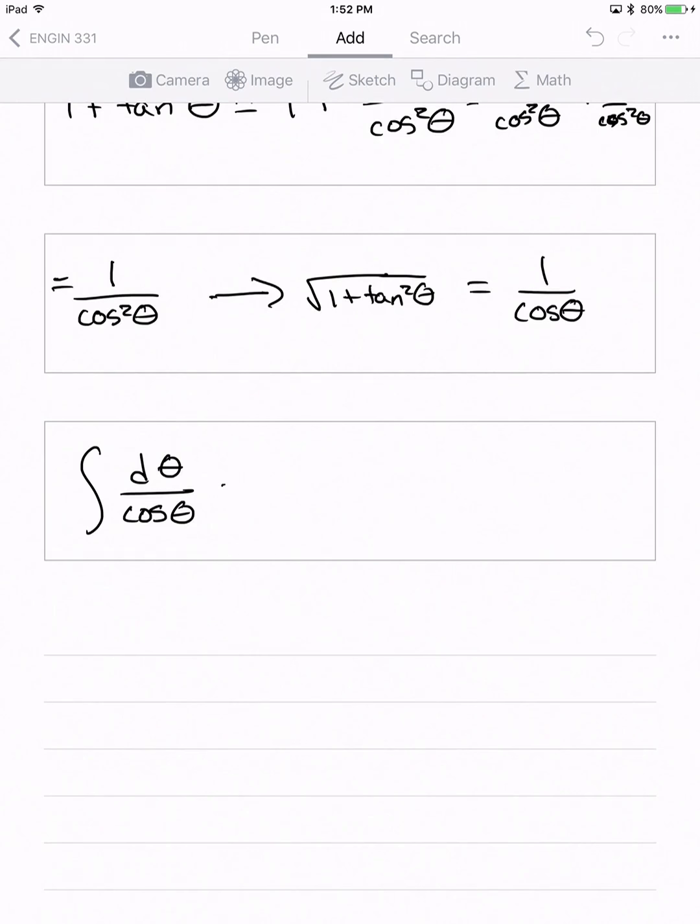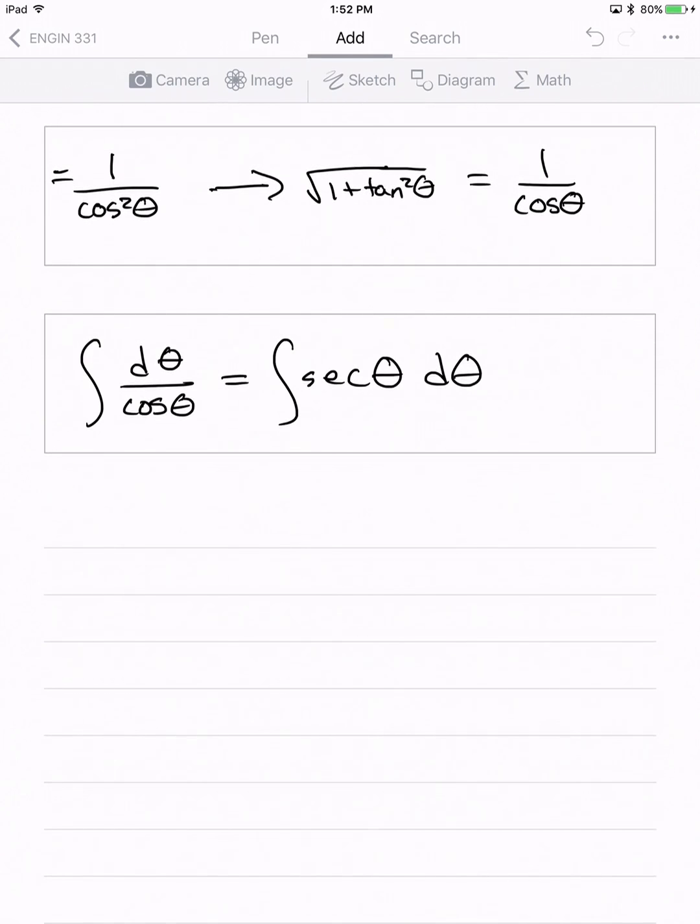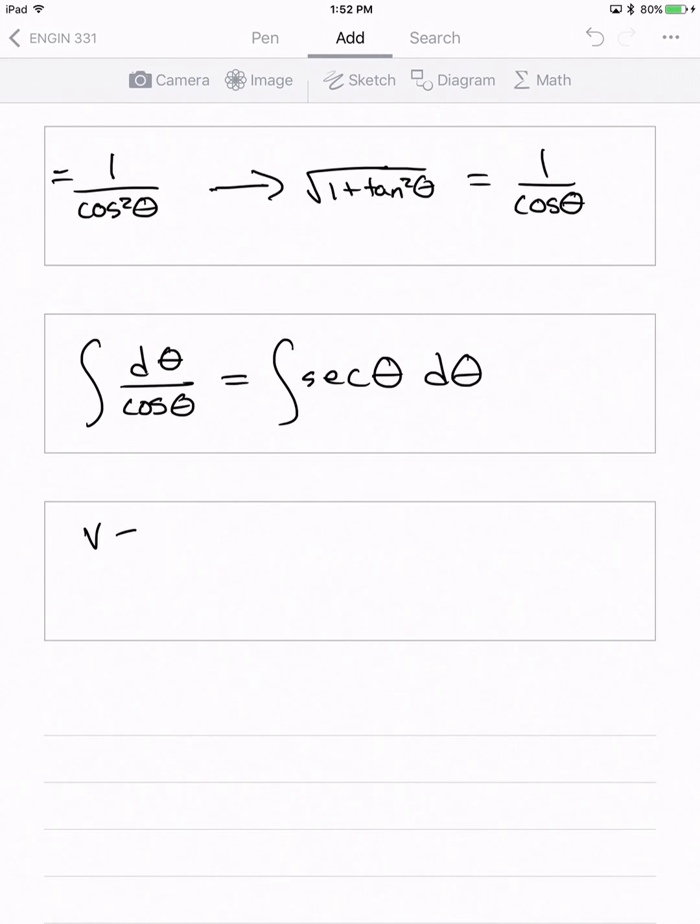So we can write the 1 over cosine theta as secant, so that is secant theta d theta there. We're going to do another substitution, and this one is not very intuitive. It's kind of weird, but that's okay. We're going to choose v, because we already used u, as secant theta plus tangent theta.